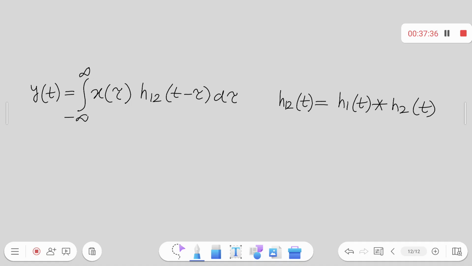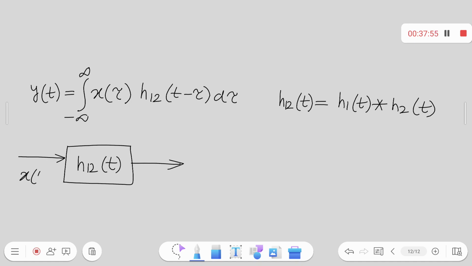Now is it known to you? The second one? Another convolution. Right? Now what are we looking for? We are looking for a system. We would like to find out one system h12 of t for which if the input is x of t, the output is y of t.